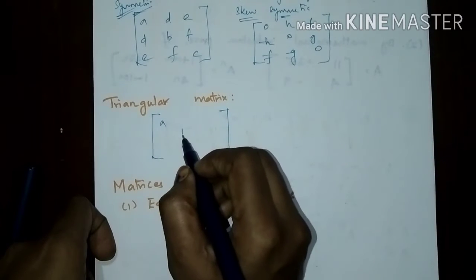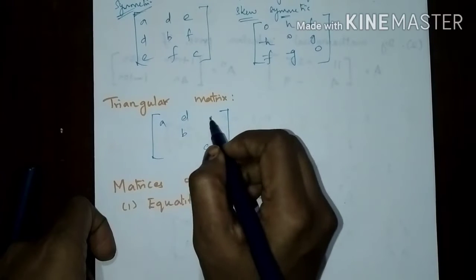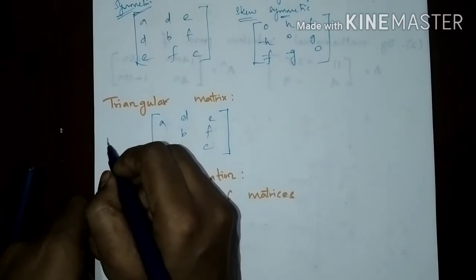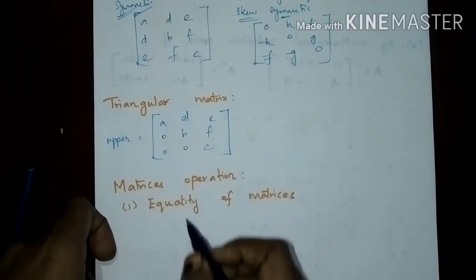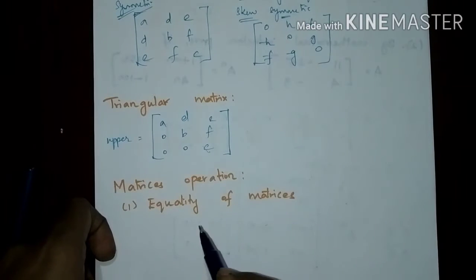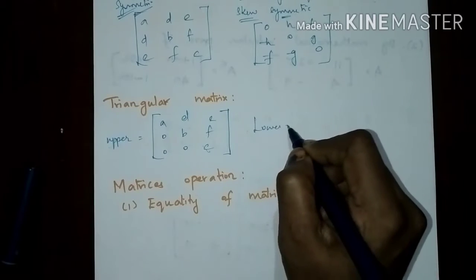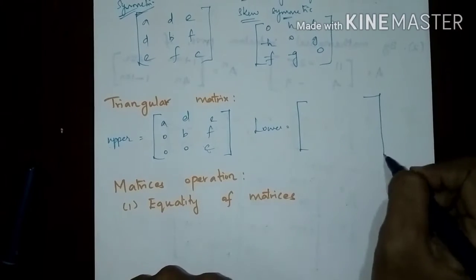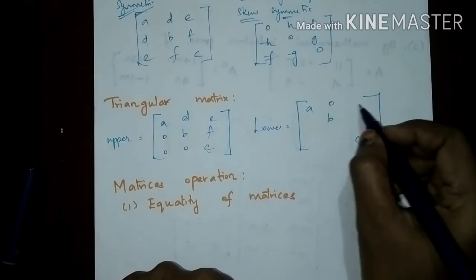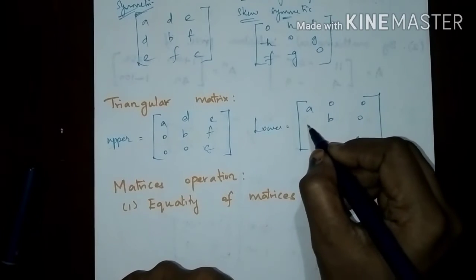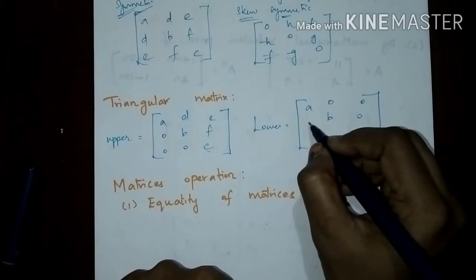For example, take this. For an upper triangular matrix, we get 0 below the leading diagonal elements. A lower triangular matrix is the opposite of that. The elements above the leading diagonal would be 0.